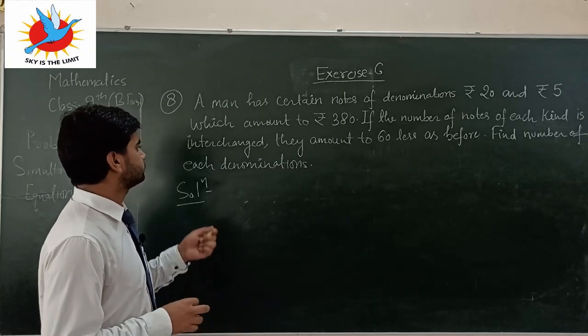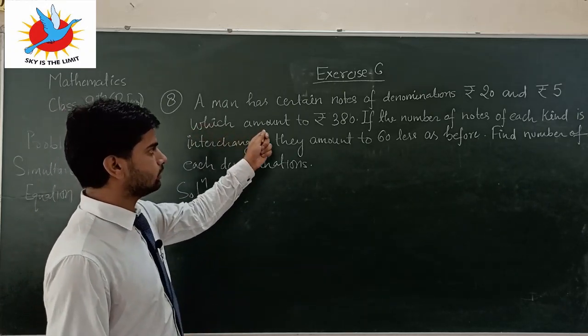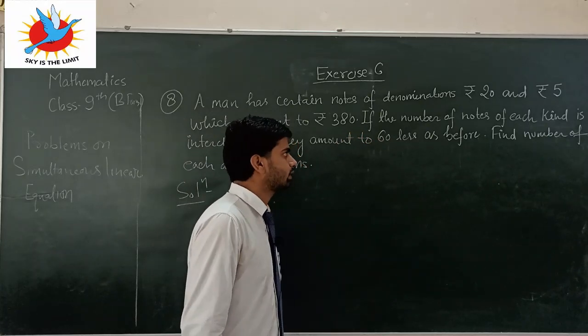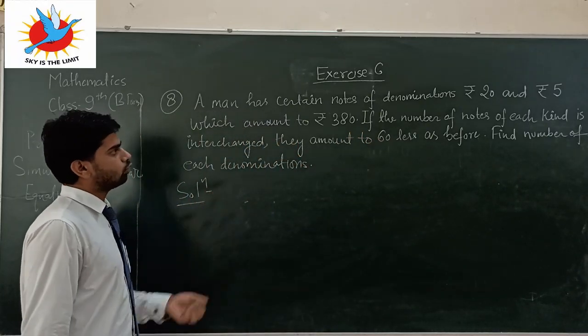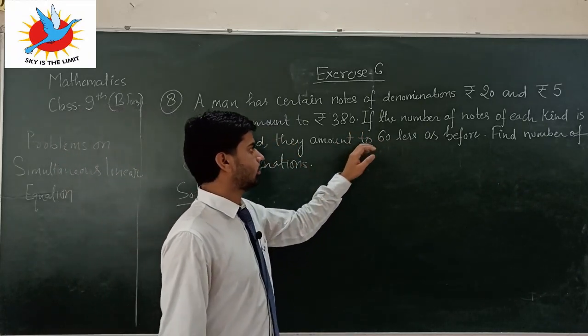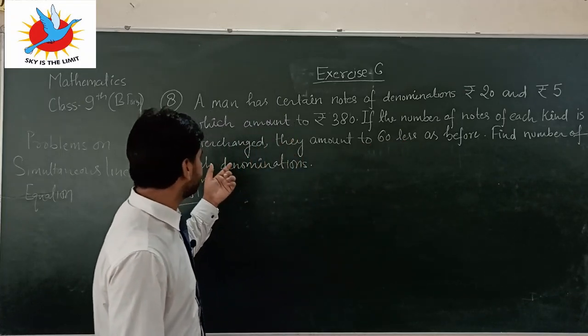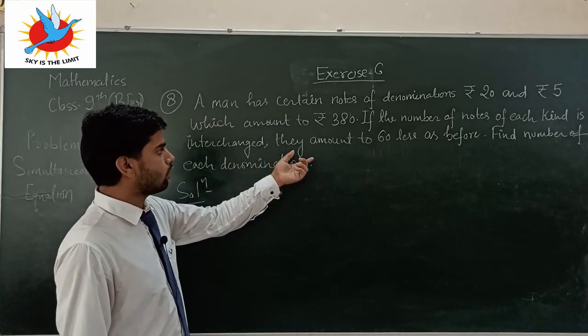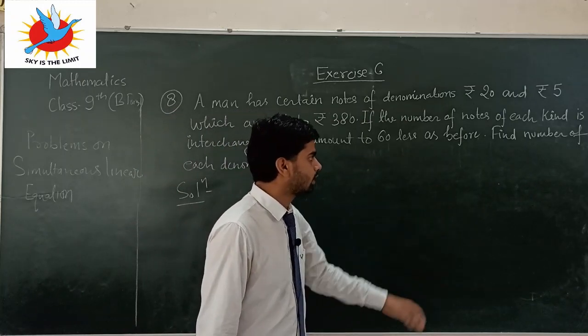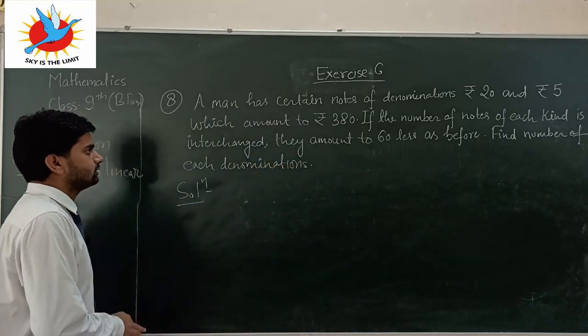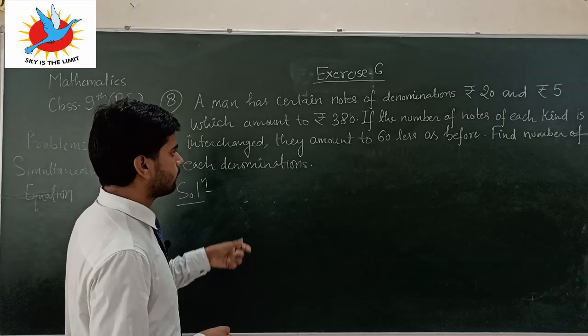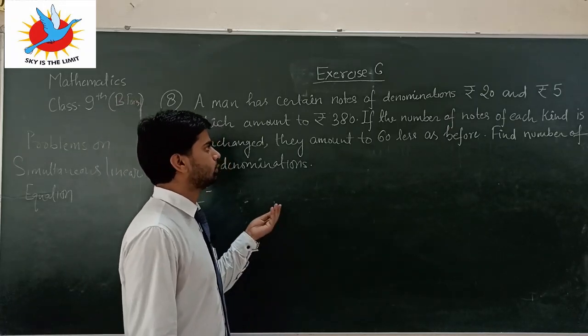Question 8 is: a man has certain notes of denominations rupee 20 and rupee 5 which amount to rupee 380. If the number of notes of each kind is interchanged, they amount to 60 less than before. Find the number of each denomination. This problem is related to equations in two variables.